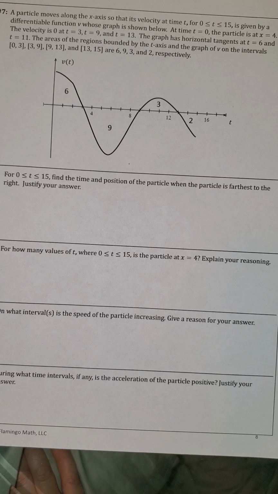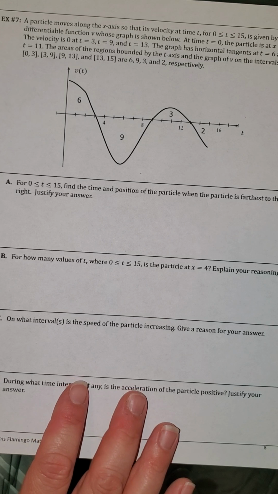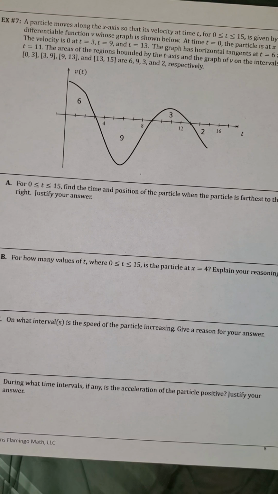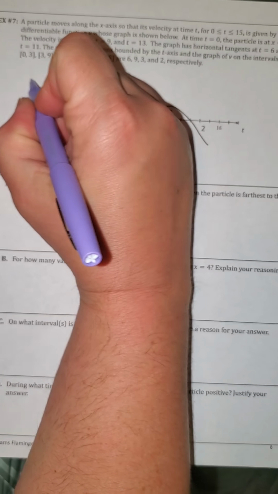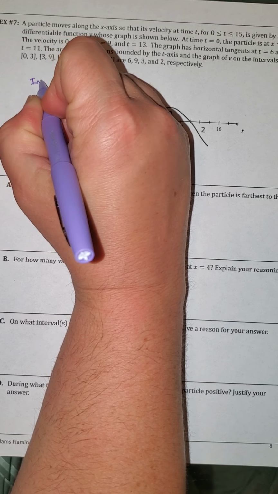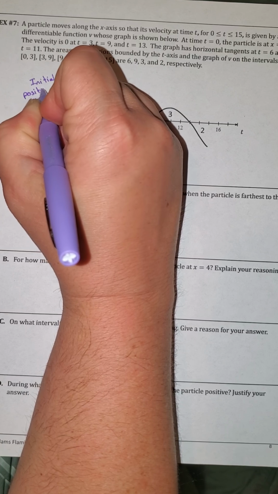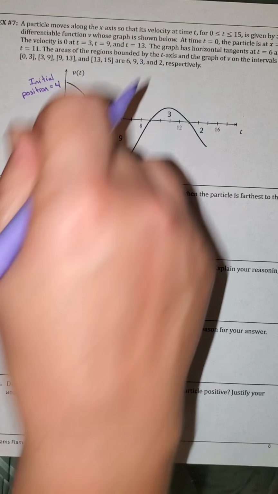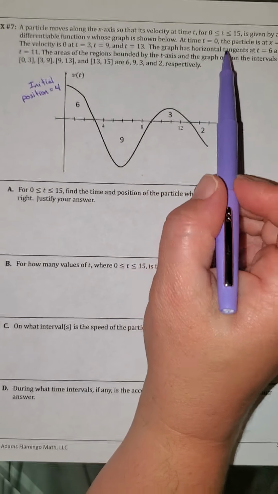So a particle moves along the x-axis, so its velocity at time t for 0 to 15 is given by this function. Okay, all this is just to make sure we're all clear on what's going on in this graph. So at t equals 0, x is 4. That means your initial position is 4.